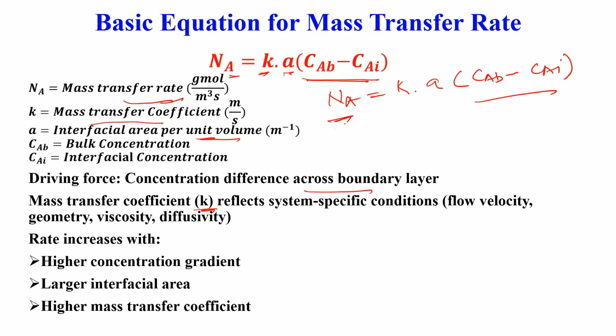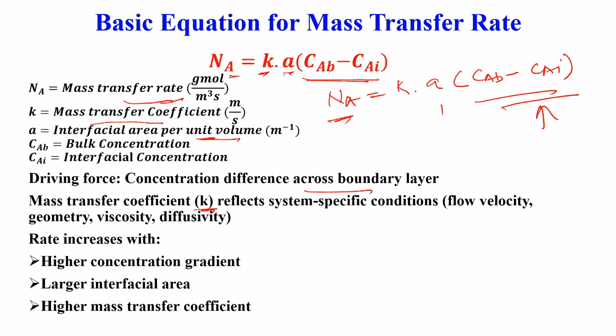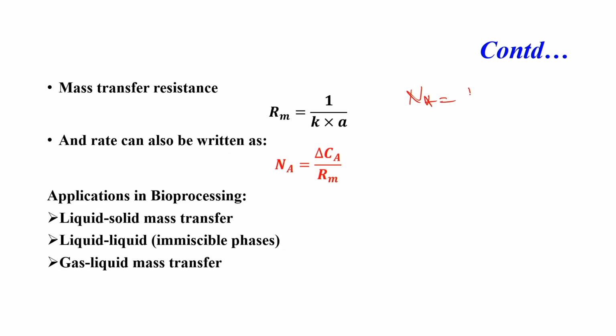How we can increase the rate here, similar to what we discussed in the case of molecular diffusion, there should be higher concentration gradient, there should be large interfacial area and higher value of mass transfer coefficient, K, A and delta C. The same expression can be rearranged in this way, that this Na is K A delta C. So, Na can be written as delta C divided by 1 upon K into A, or we say driving force upon resistance.